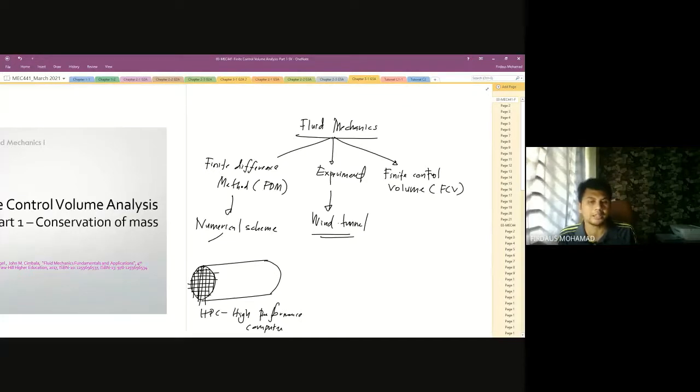Normally the size of the car is really large. So that's why in order to do the experiment, normally we scale down the object, the car itself. If it is 4 meters, we scale down to 2 meters, so the scaling factor is half, 1/2. But by using the scaling method, we need to apply similitude analysis.